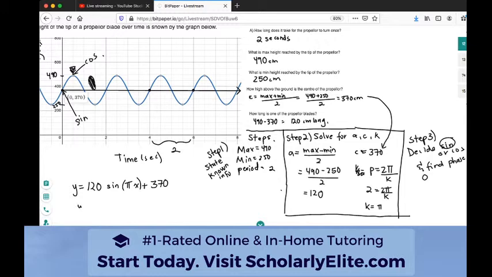So what if this was a cos function? I'm going to give you guys about 30 seconds.